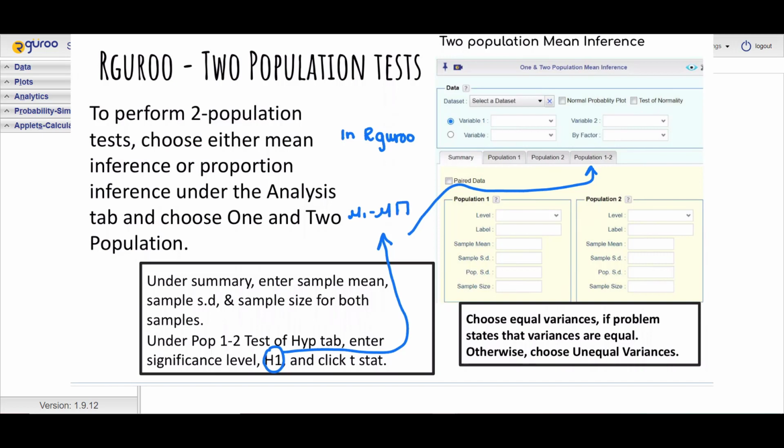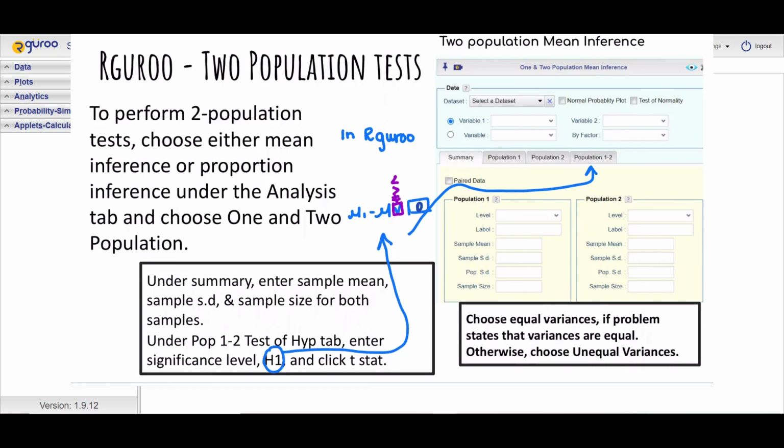It'll have a drop down and then a box. So in the drop down, you are going to choose less than, greater than, or not equal to. In the box, you are going to put 0.